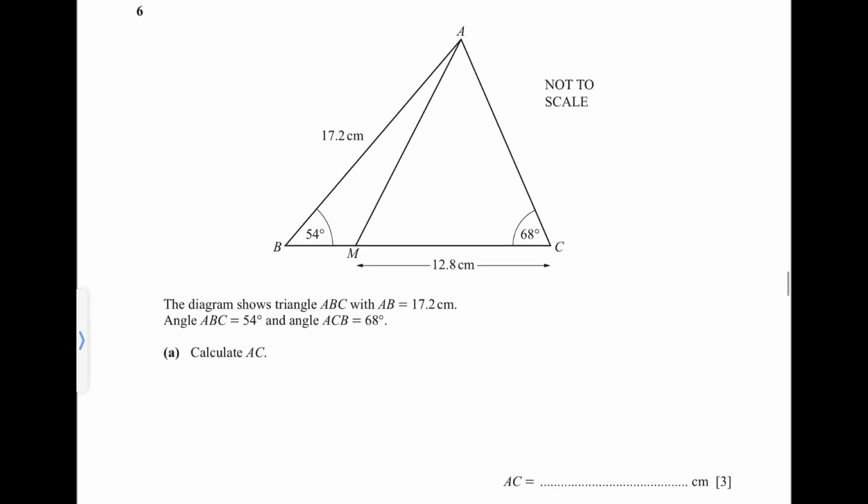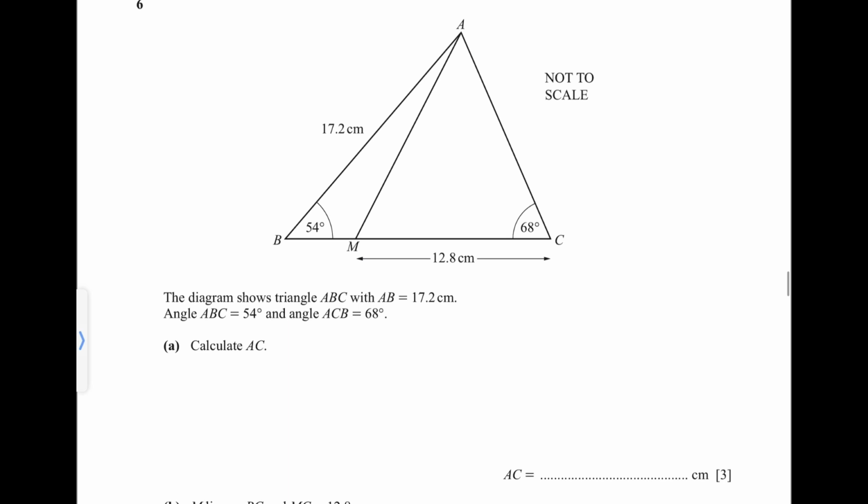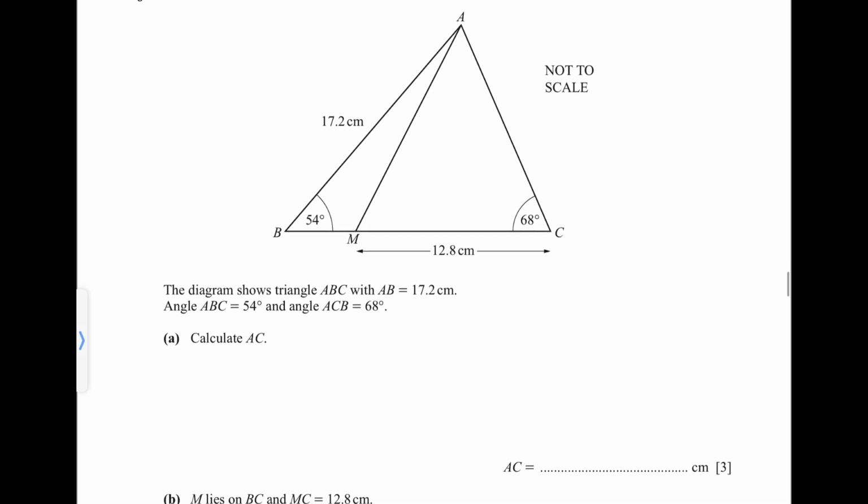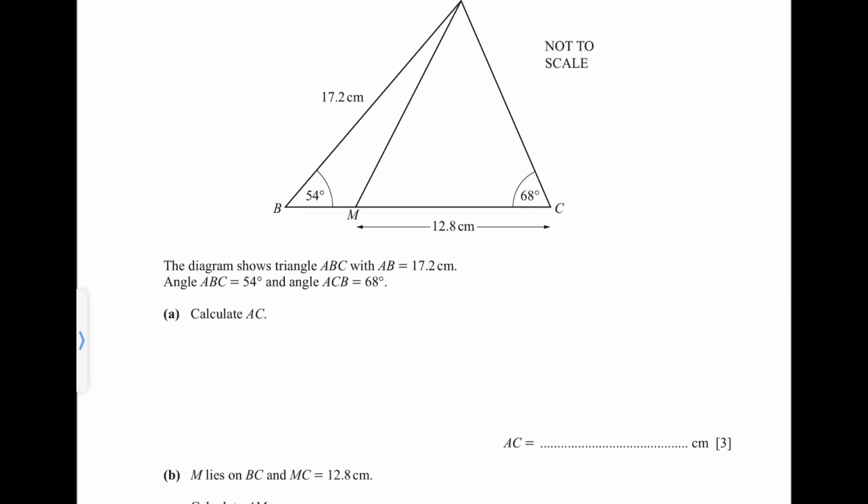Alright, then the next question that we have, the diagram shows a triangle ABC with AB given as one length. Calculate AC. We can use the sine rule. So AC over sine 54, because this and this and this and this is equal to 17.2 over sine 68.